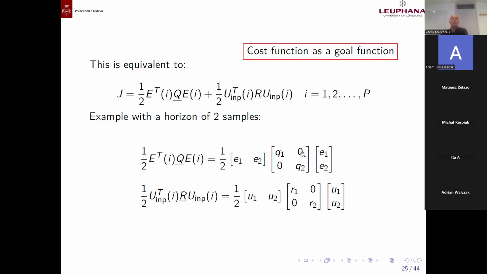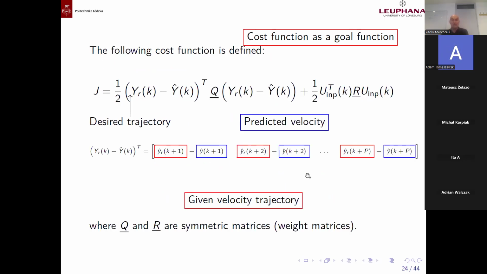I mean, Q1 very large with respect to Q2 means that the priority is to minimize the error tomorrow, because Q1 represents the weight of the prediction of tomorrow. Let's see.